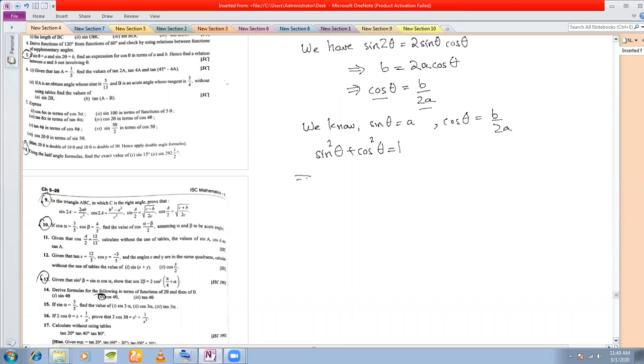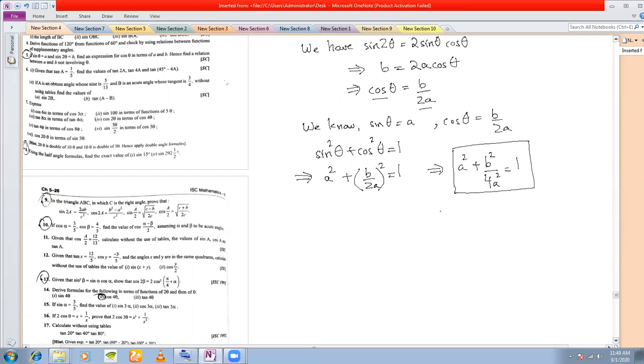Put the value of sin theta as A, put the value of cos theta, and that means A square plus B square by 4A square is equal to 1. Which is the required expression. Does this expression contain theta?